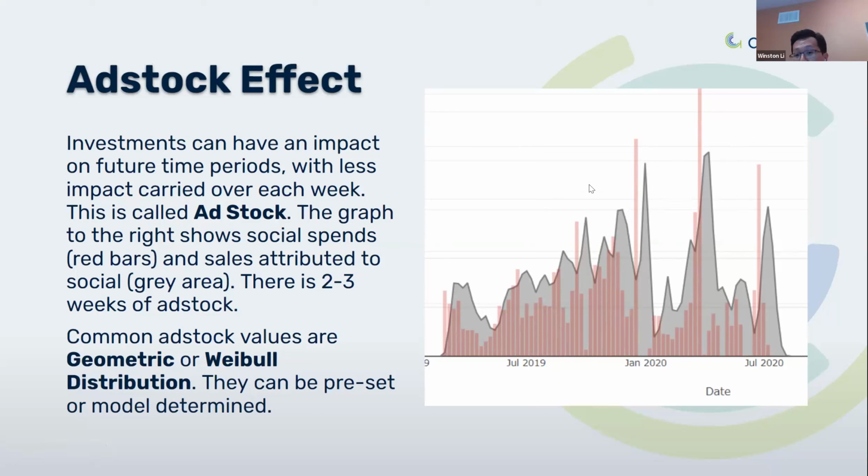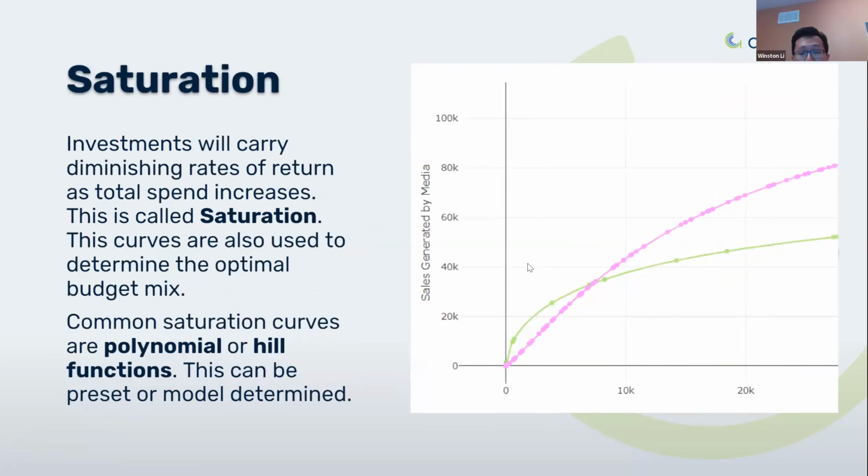MMMs are capable of understanding ad stock, and therefore these are all factored into the model. Some common choices are either geometric or Weibull distributions for ad stock, and they can be as short as a week or 2 typically for digital channels, to up to 8 to 12 weeks for especially offline channels like TV. So that's part of the model that's included.